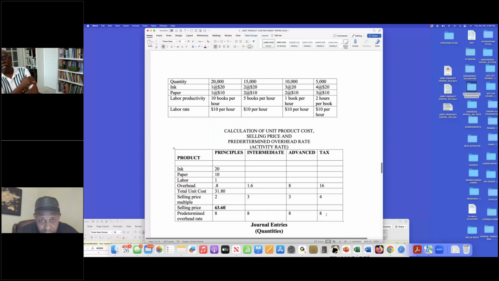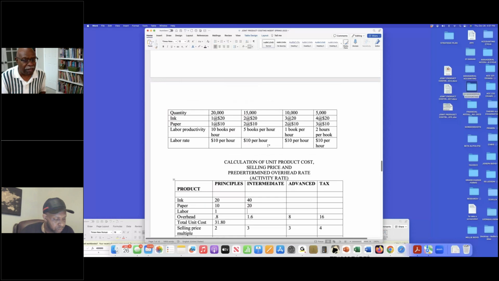Well, let's see how intermediate is coming. I got 40 for ink, 20 for paper. That's 60. Then I got labor: 5 books per hour, $10 per hour. That's 2 for labor.